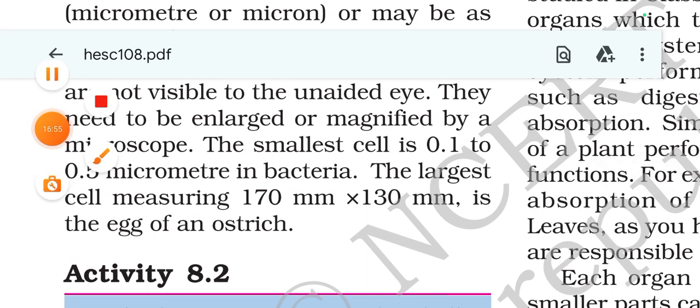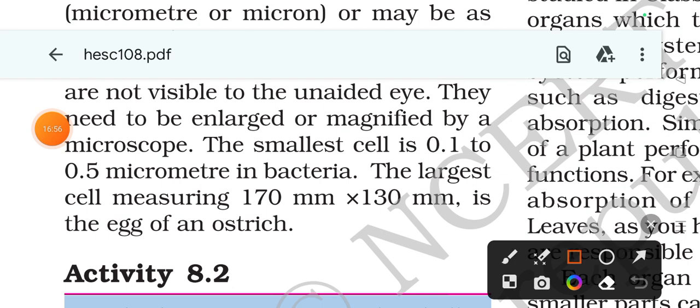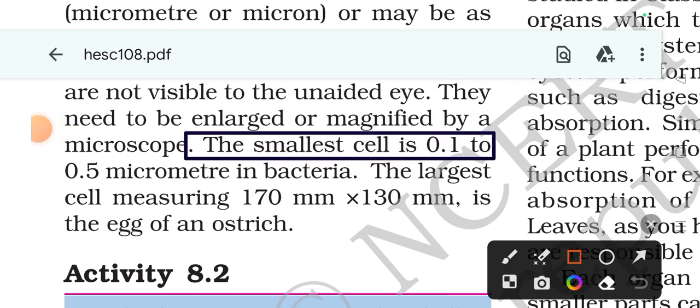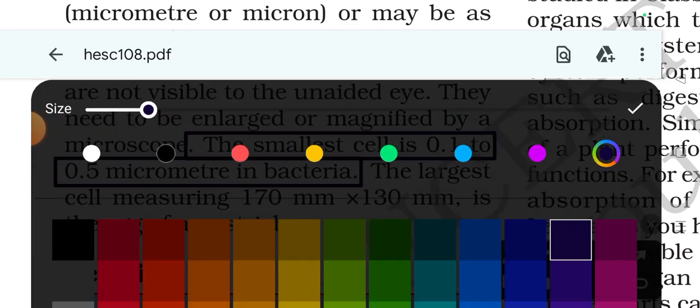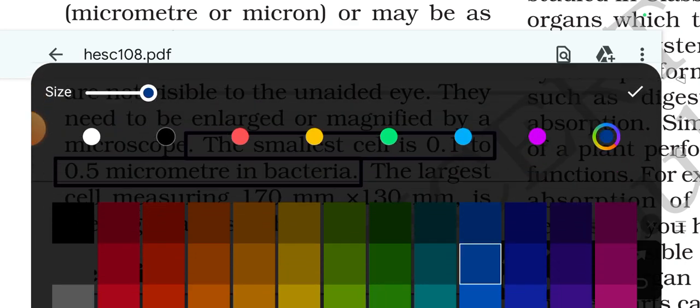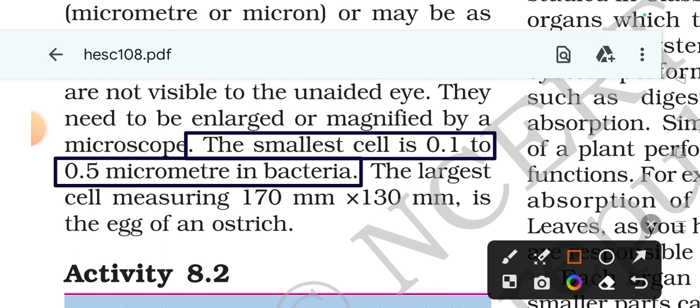So the smallest cell is 0.1 to 0.5 micrometer, a bacterial cell.